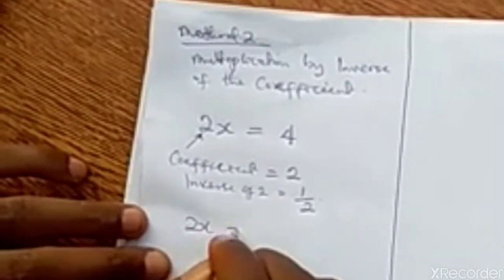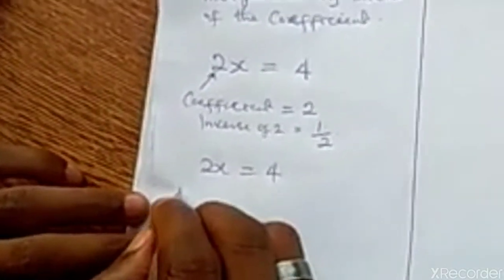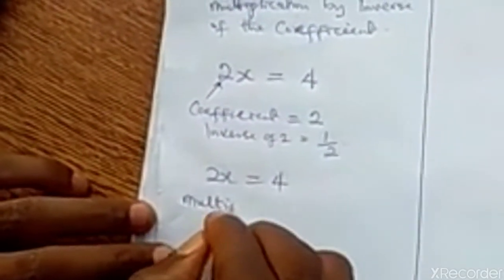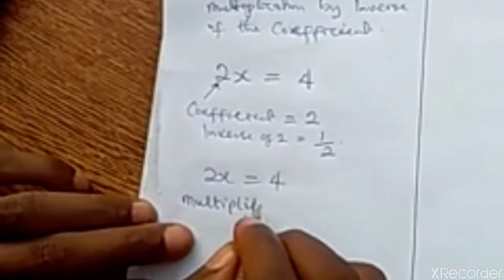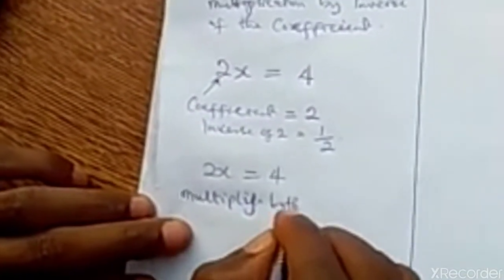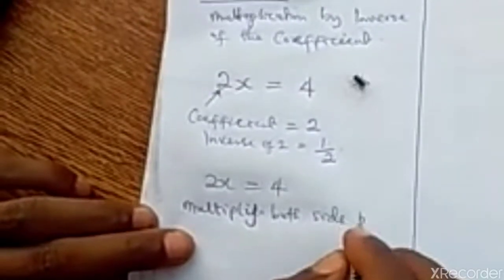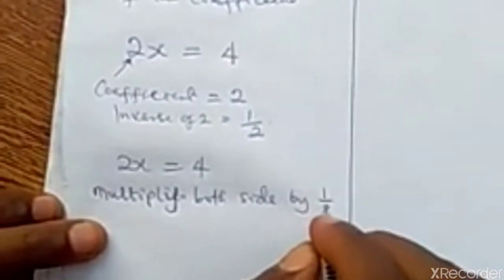So when we have 2s equal to 4, for you to make your work very beautiful, you can write multiply both sides by 1 over 2. When we do that, we will have 1 over 2 multiplying 2x, equal to, at the right side, 1 over 2 multiplying 4.